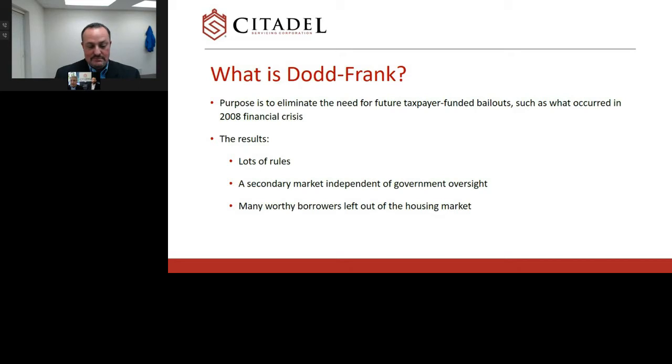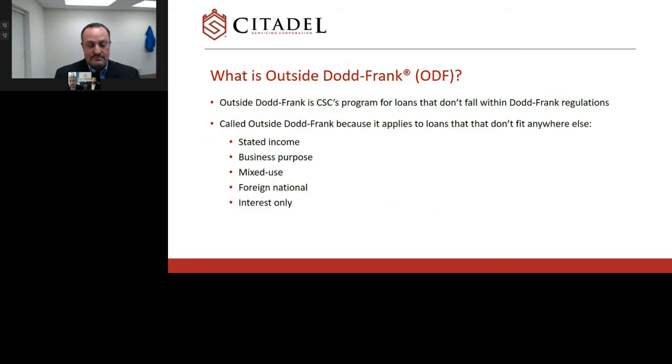So for Citadel, what is outside Dodd-Frank? What do we consider that product to be? And it's a couple different things. Number one, the regulations. There are some regulations that we don't follow in outside Dodd-Frank. We're going to make loans with interest only.